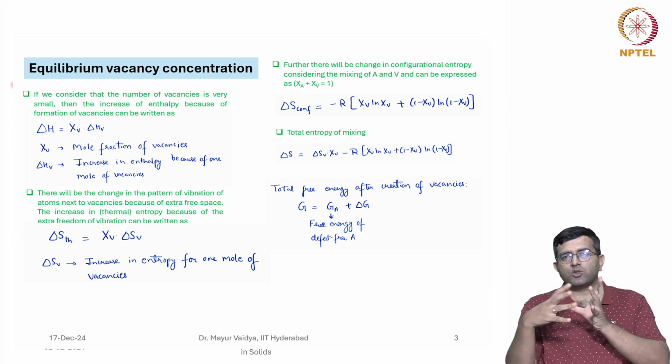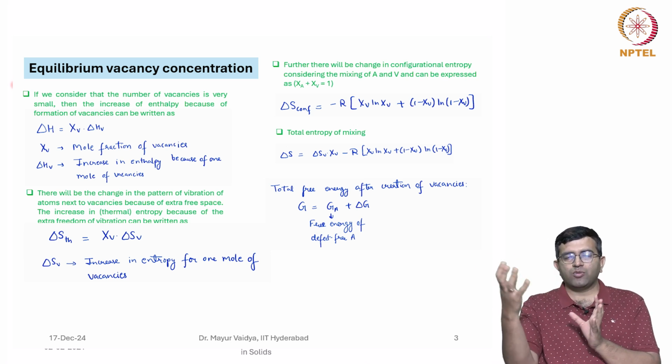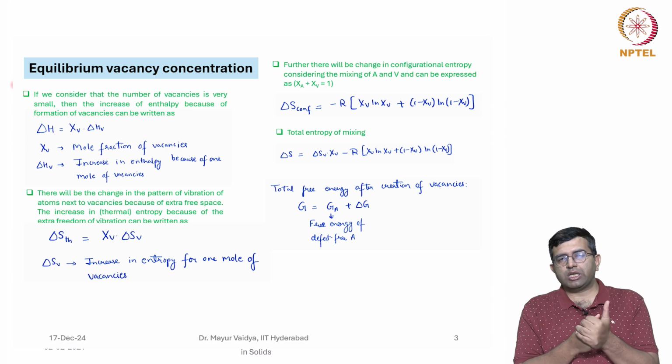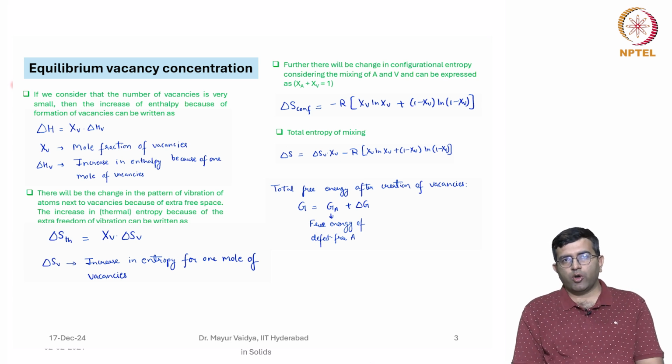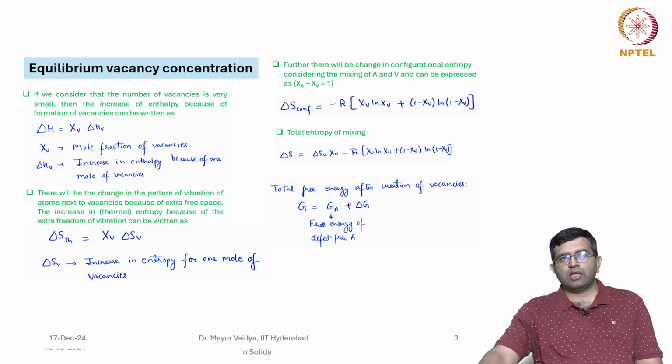Remember, enthalpy is the total heat content of the system, which includes potential and kinetic energy. So, when you are removing an atom, you are actually changing the potential energy, because the bond energies are changed. Therefore, when you create a vacancy, there is an enthalpy change involved. So, the increase in enthalpy because of 1 mole of vacancies is delta HV, and if it is XV, then it is XV into delta HV.